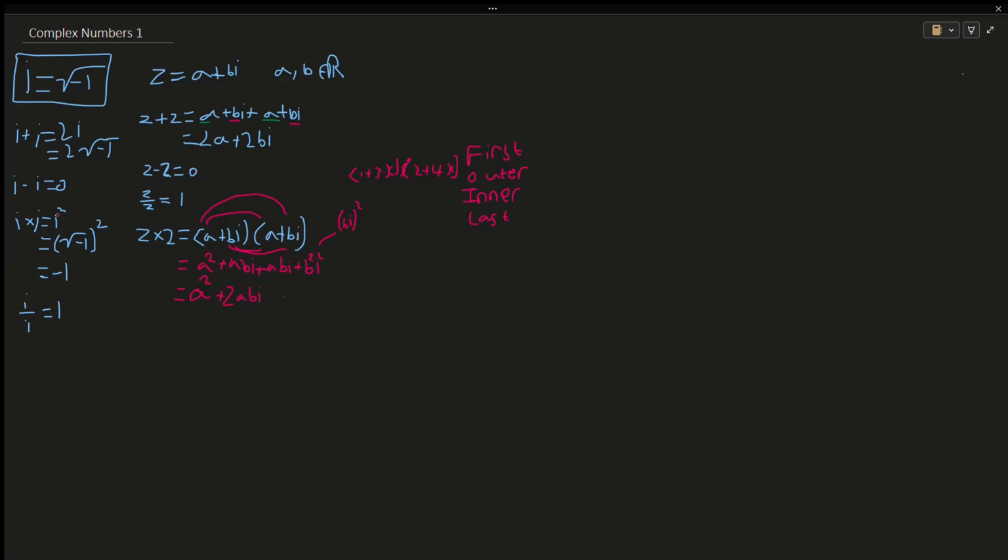Now here, if you remember, we saw that i squared is equal to -1. So this would be b squared times -1, which would give us minus b squared. So this would be the solution to z squared, z times z, right?